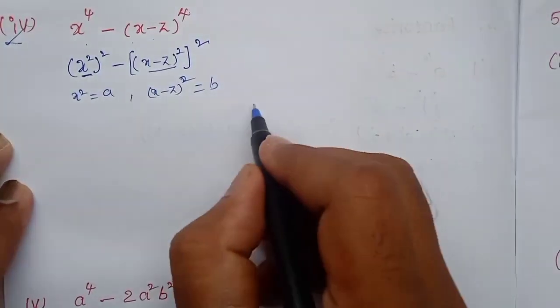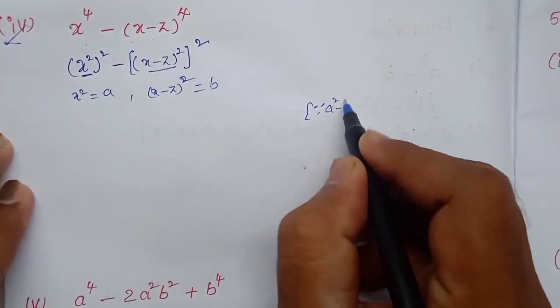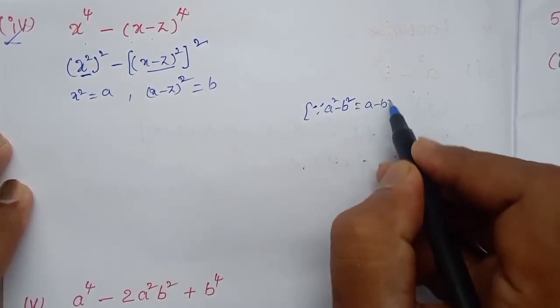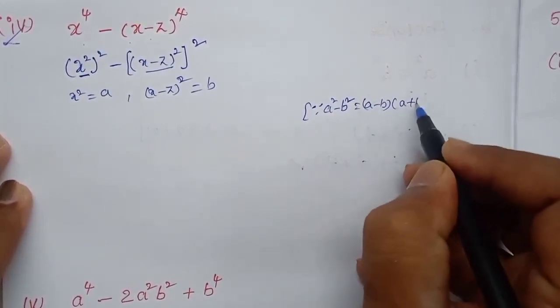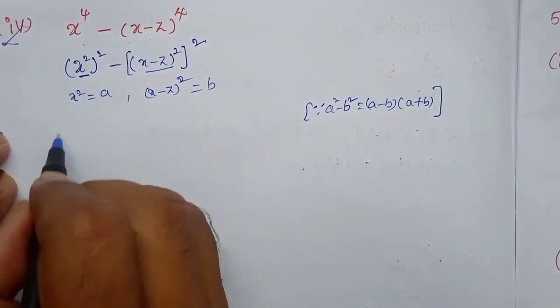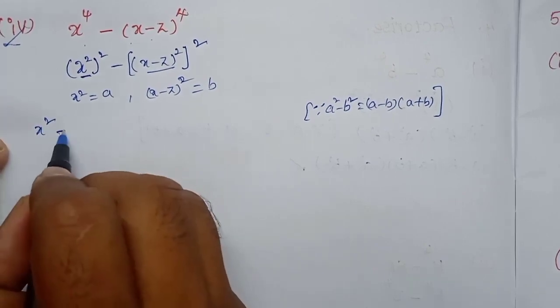So because of the identity, a square minus b square is equal to what? a minus b into a plus b. So by this, we can write this as a minus b, that is x square minus b.